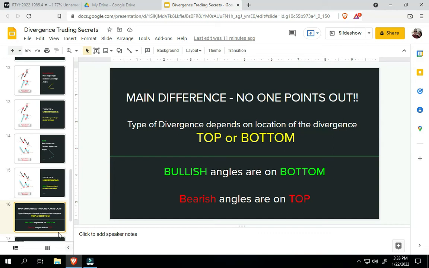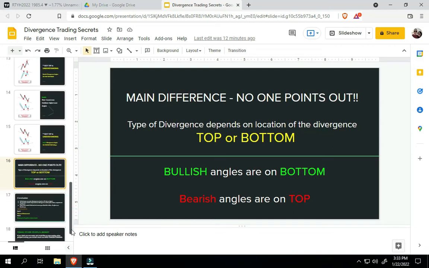The bullish angles are always going to be on the bottom, whether it's a hidden bullish, which would mean your price is continuing up, or the regular bullish, which means price is about to reverse from a downtrend to an uptrend. You're going to see those divergences on the bottom when you're looking for these angles on the bottom. Your bearish angles are always going to be on top. The hidden bearish and the regular bearish, the angles are always going to be on the top.